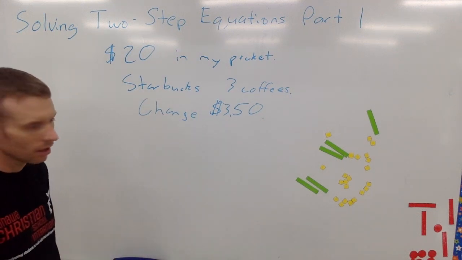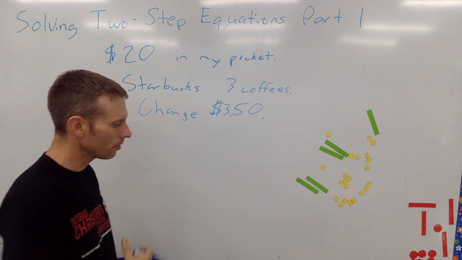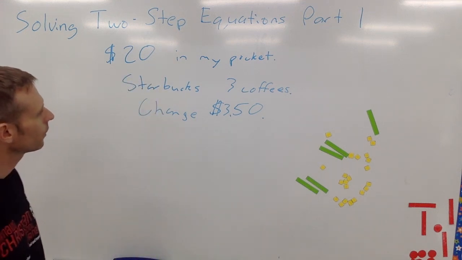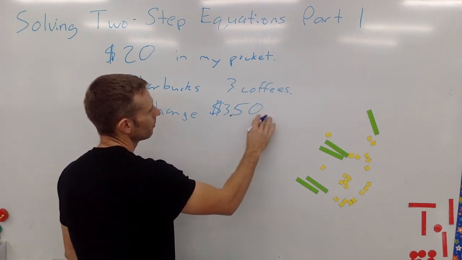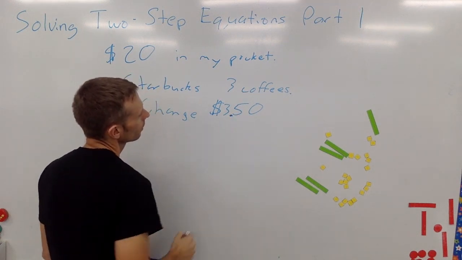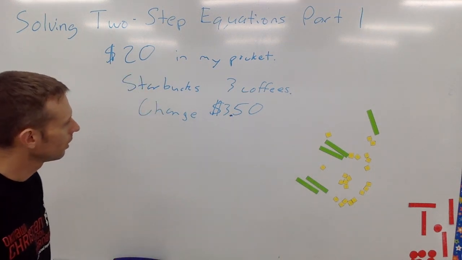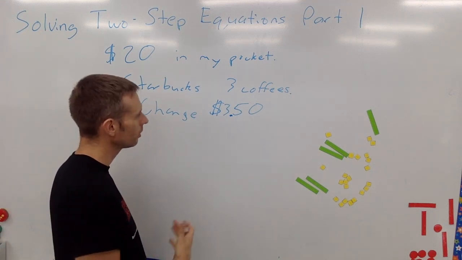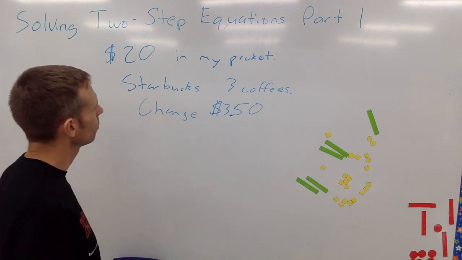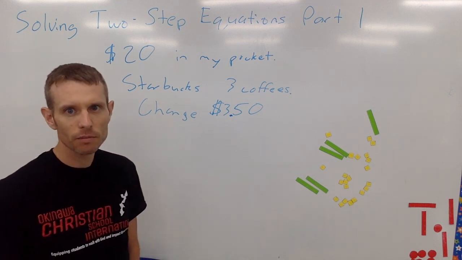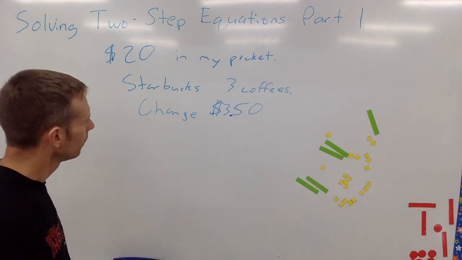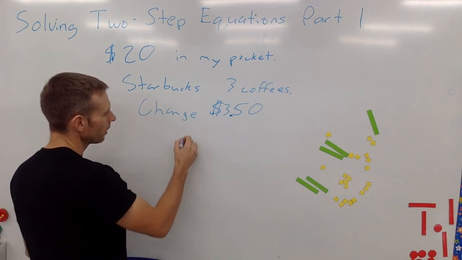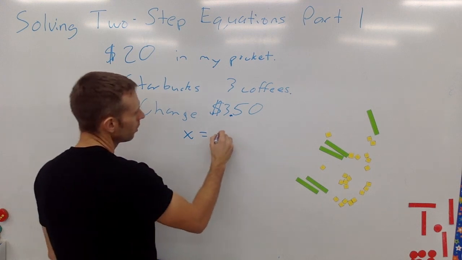Let's say later when I get home, my friends want to pay me back because they borrowed the money from me. They wanted to know how much each of the coffees was. I can very simply write an equation to help us solve that. I'm trying to find out how much 1 coffee costs.